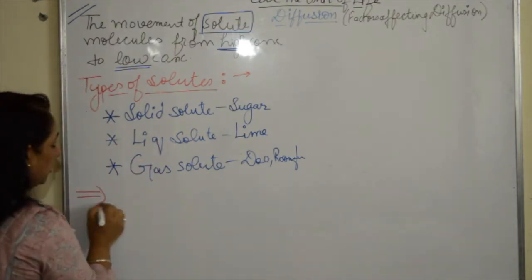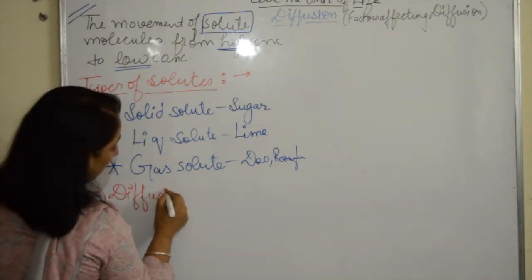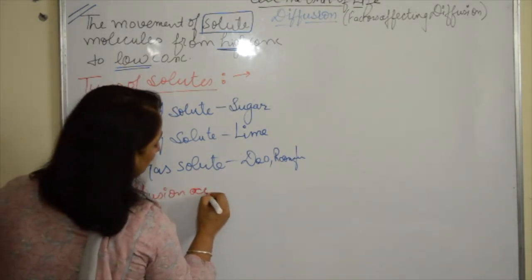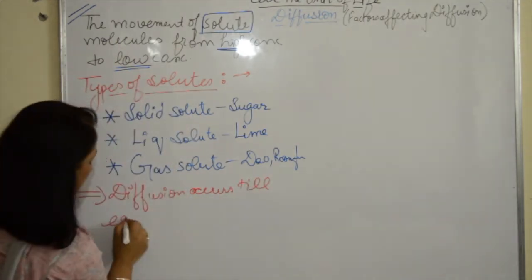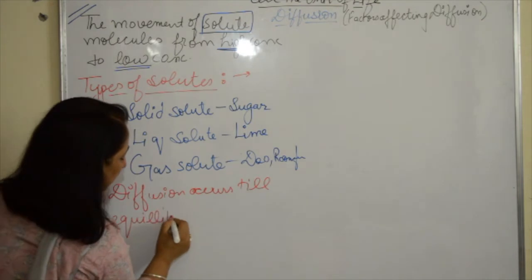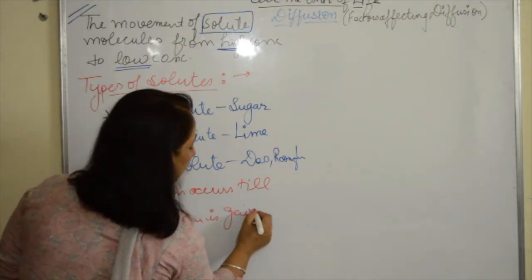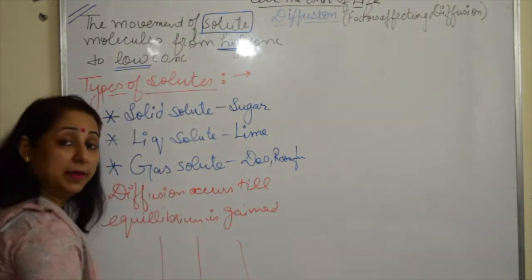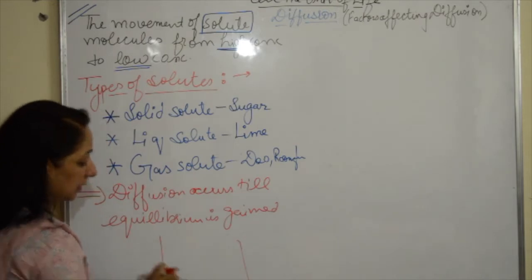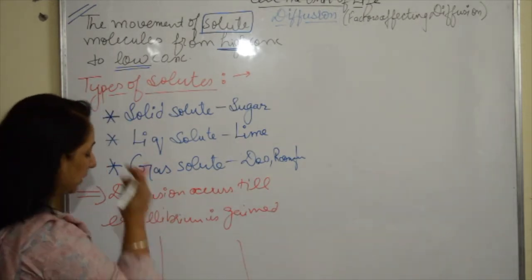I'll just write it down. Diffusion occurs till equilibrium is gained. Like for example, if diffusion is taking place, there will be no membrane, no semi-permeable membrane, of course.